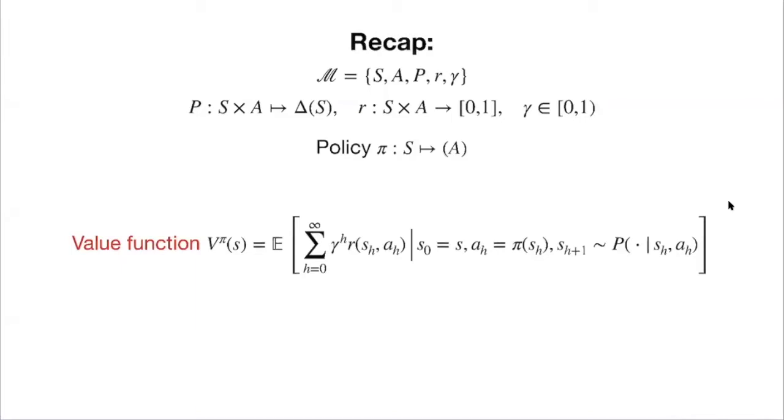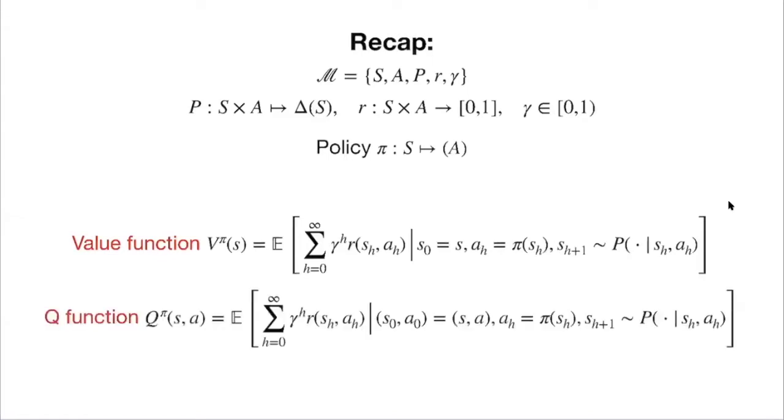It says that if I start at state s and follow policy pi, what's the expected total discounted reward that I will get? Similarly, we talked about the Q function, which takes two inputs, state and action. It says that if I start at s and take action a first, and then commit to policy pi all the way to the end, what's the expected total discounted reward that I would get in this process?